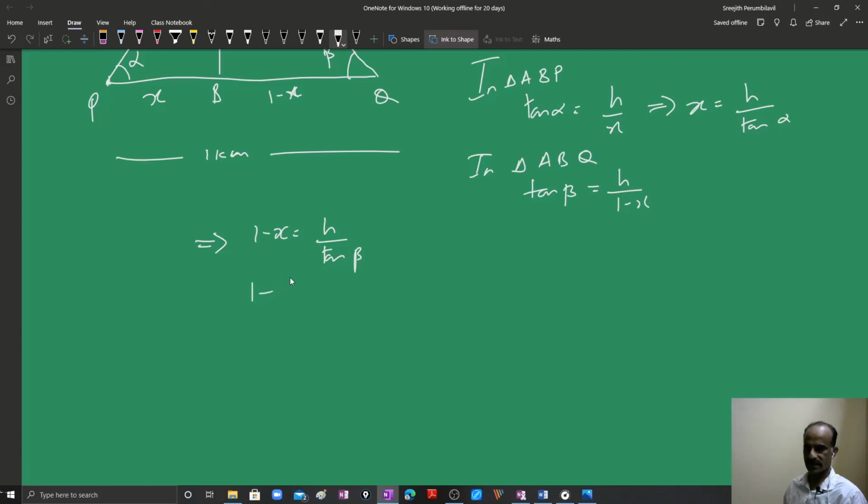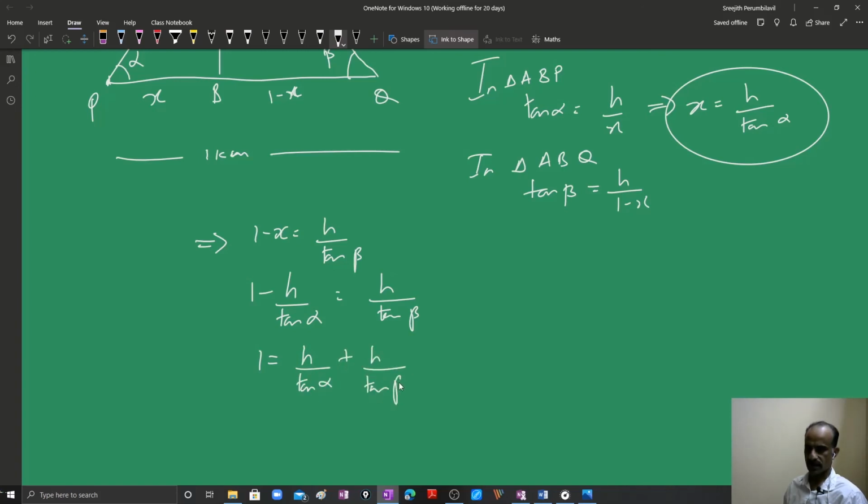1 minus, what is x? X is equal to, actually what is x? H by tan alpha. So 1 minus h by tan alpha is equal to h by tan beta. Take this to the other side, 1 is equal to h by tan alpha plus h by tan beta.